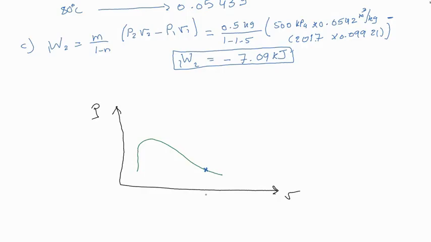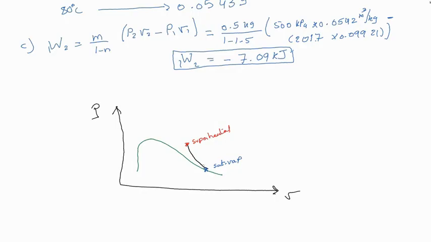This means that the volume is decreasing and the pressure is increasing. So we're going up, but we're going up to the left in a polytropic process somehow like so. And this is the final state, which was superheated, and the initial state was saturated vapor.